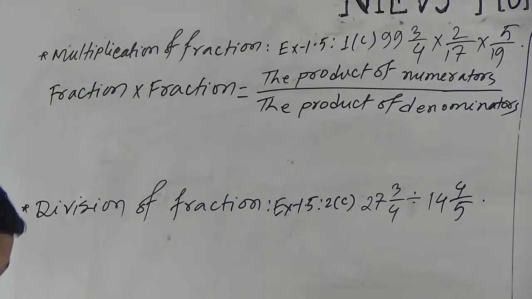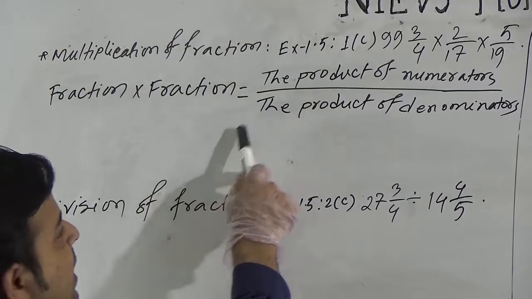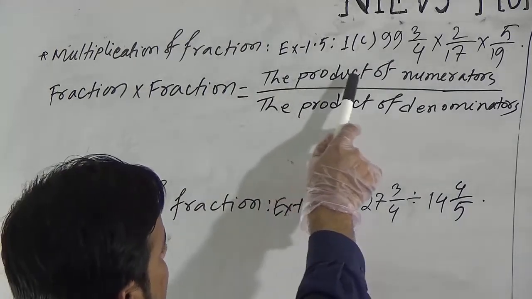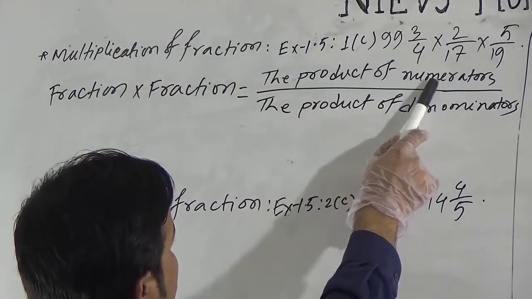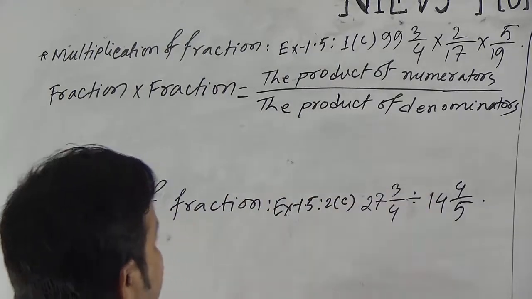When we multiply a fraction by a fraction, the numerator will be the product of numerators and the denominator will be the product of denominators.